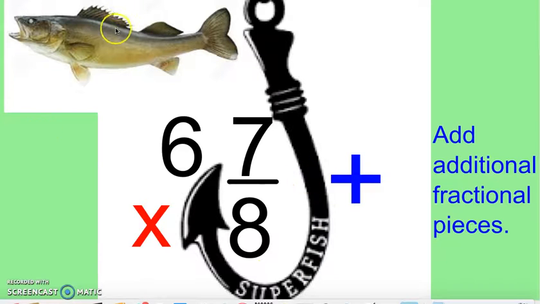And even when you catch it in the water and it still slides, it hooks first on the point and then it slides up. And so what we're doing is we're taking our whole amount times how many equal parts, and that's what this denominator is, and then we're adding additional fractional parts.